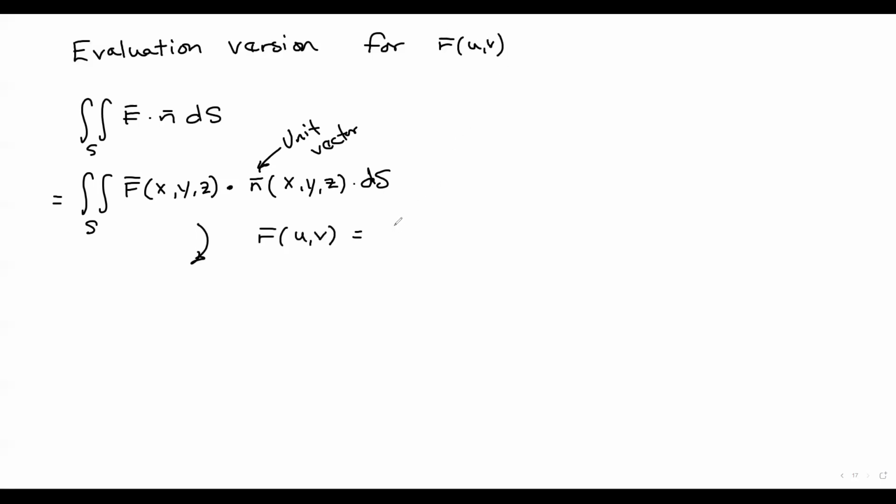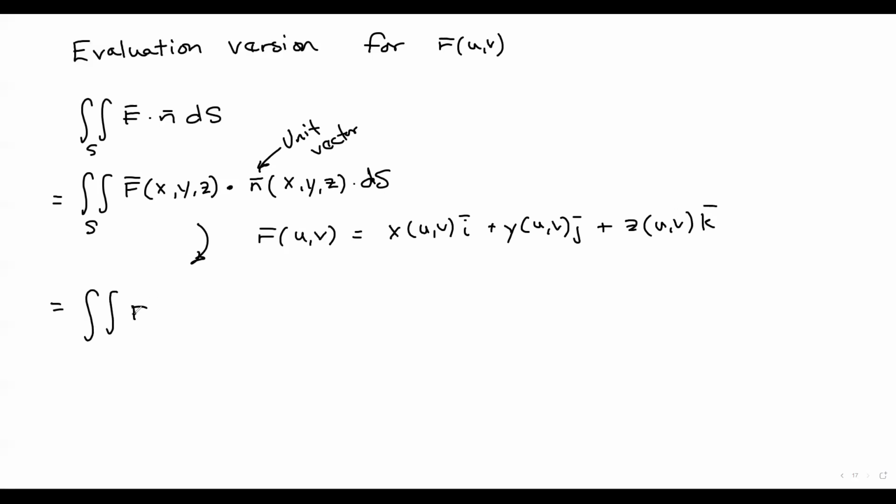All right, so we say we've got r of u, v equals x of u, v i plus y of u, v j plus z of u, v k.